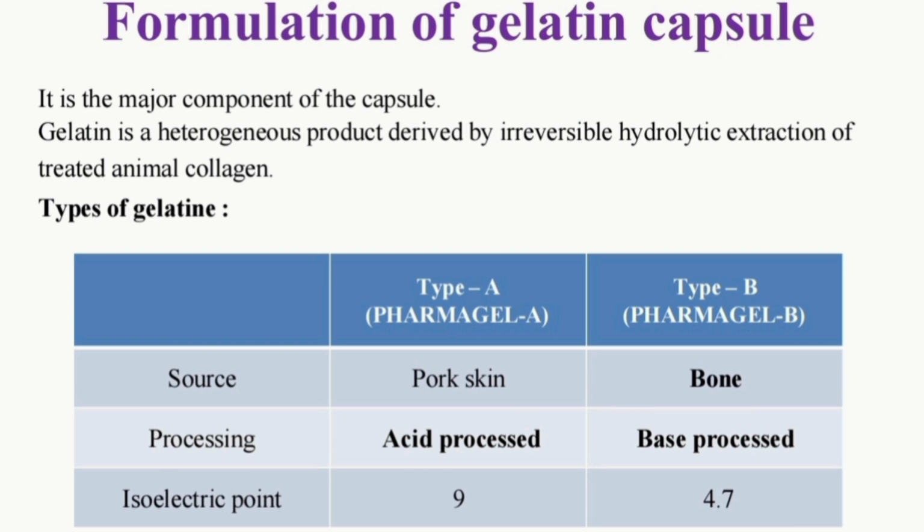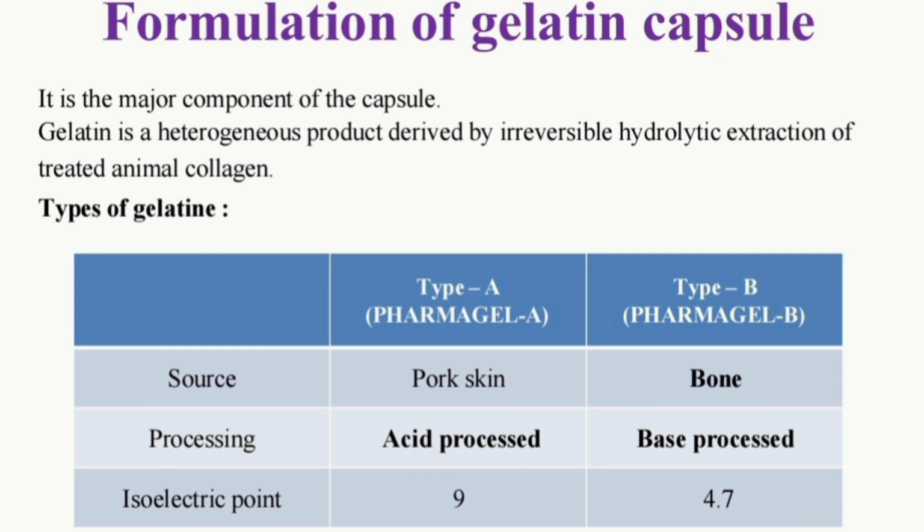Formulation of gelatin capsule. Gelatin is the major component of the capsule, and gelatin is a heterogeneous product derived by the irreversible hydrolytic extraction of treated animal collagen. This is the definition of gelatin.